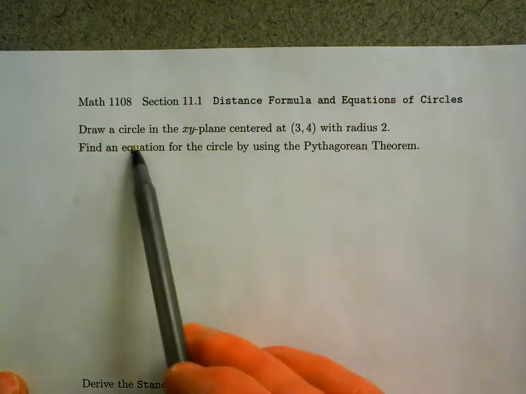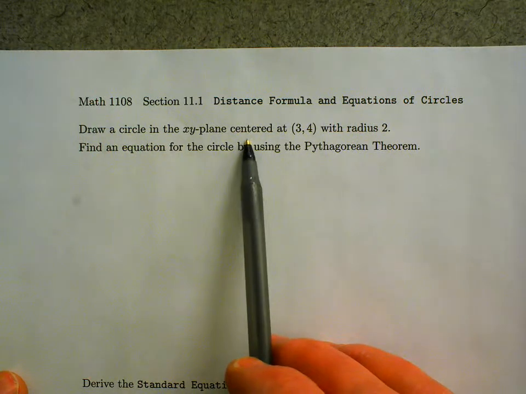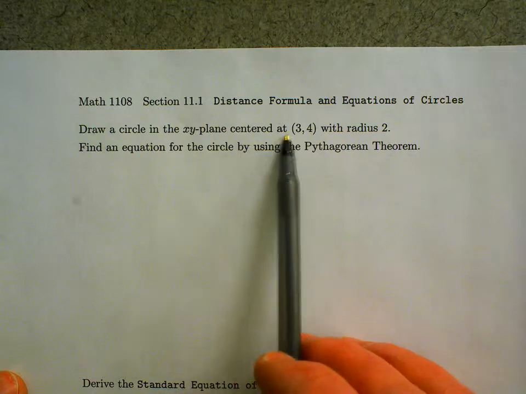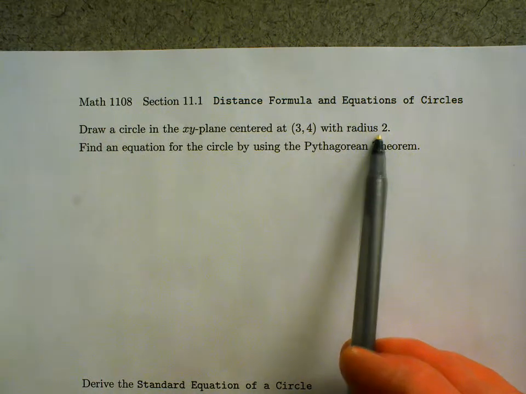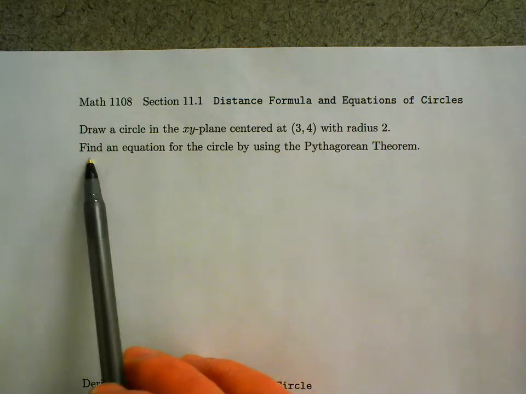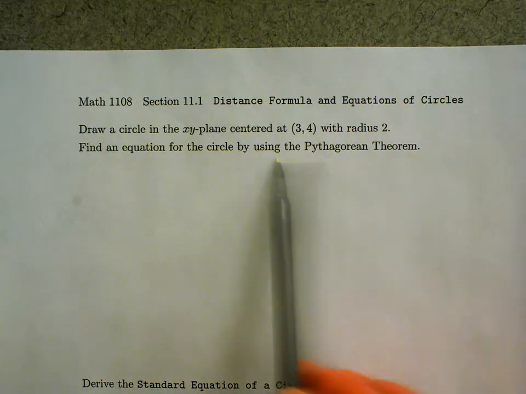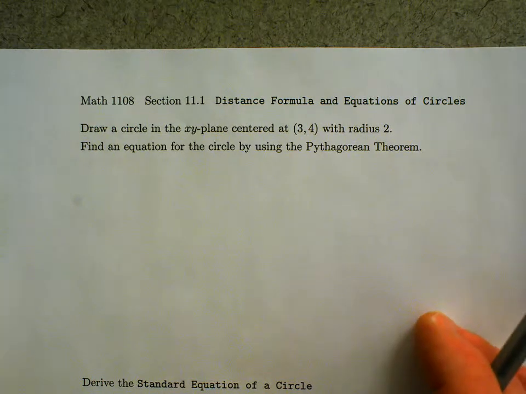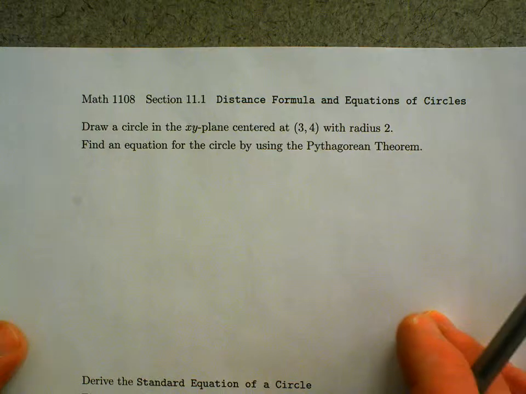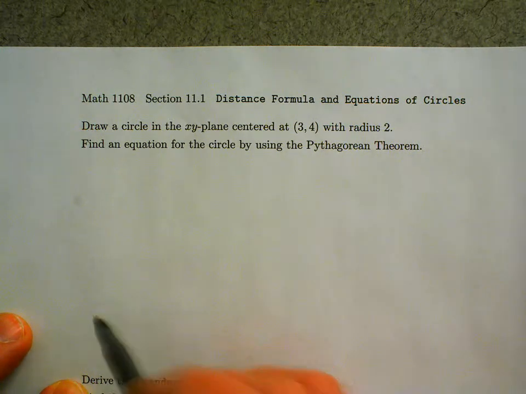So we'll draw a circle in the xy plane that is centered at the point 3, 4 and has radius 2. And then we're going to find an equation for that circle by using the Pythagorean theorem. Okay, so let's see.